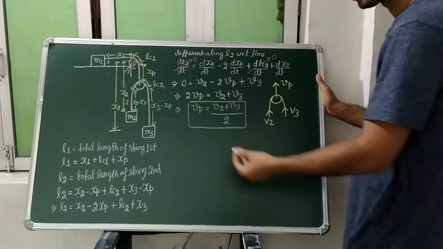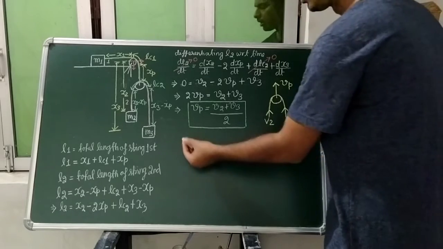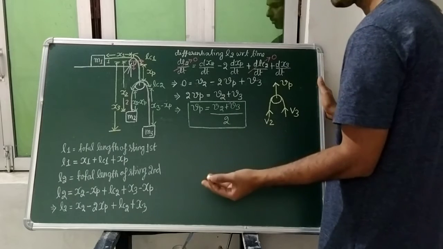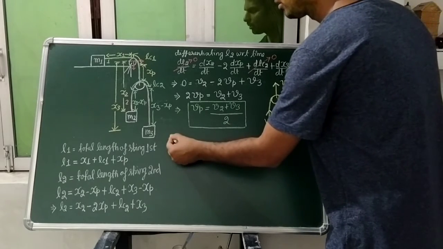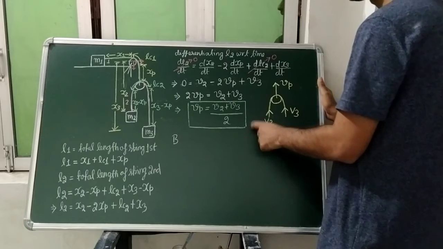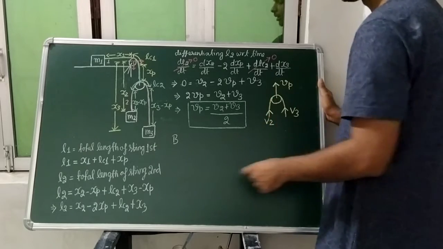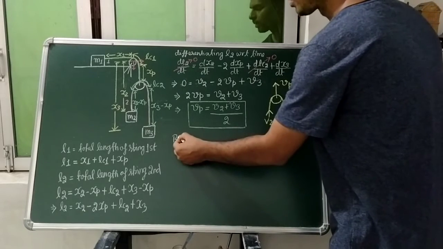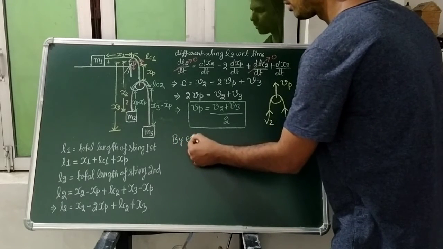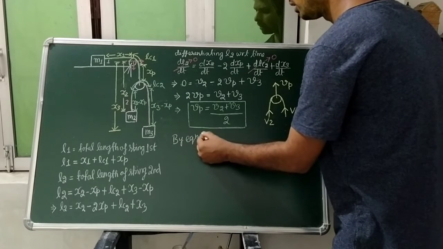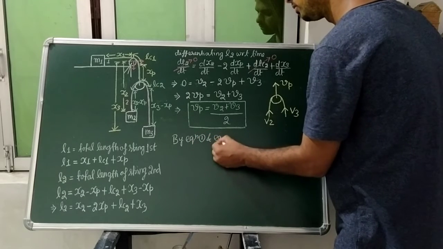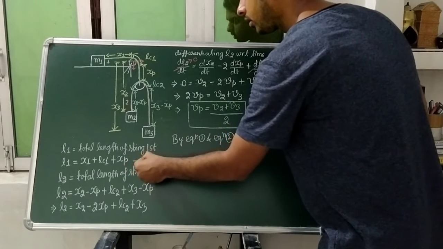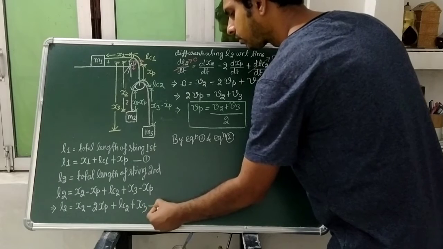And students, suppose I am saying that by equation 1, now we have differentiated the second length, and we can also say that by equation 1 and equation 2, here we can assume this one as our equation 1 and equation 2.